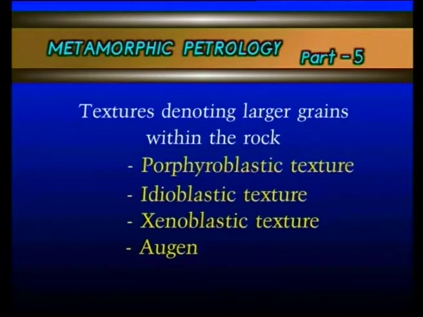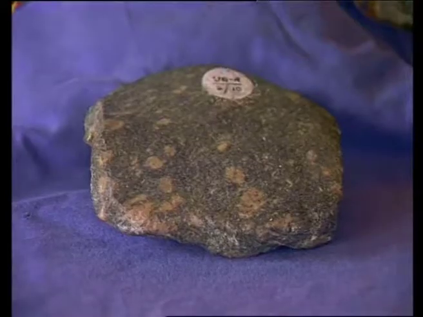Euhedral means all faces are very well developed. And if the euhedral crystal is embedded in a fine-grained groundmass, then the texture is known as idioblastic texture.